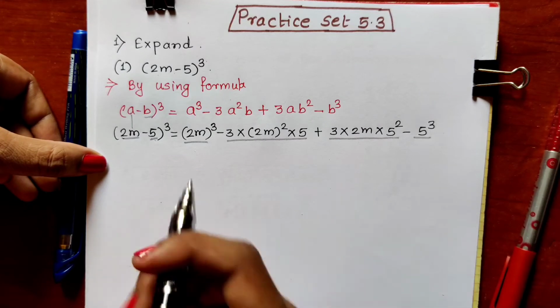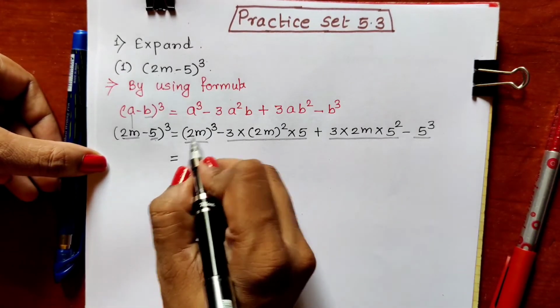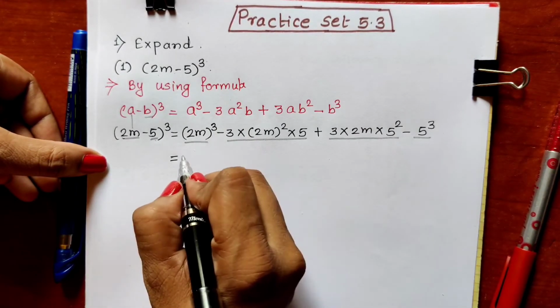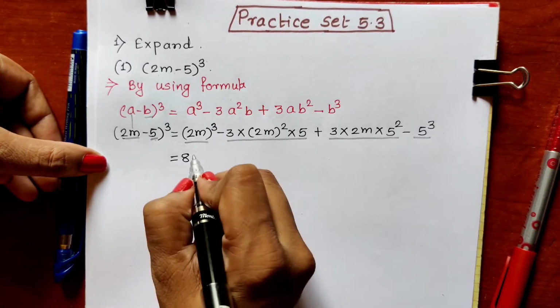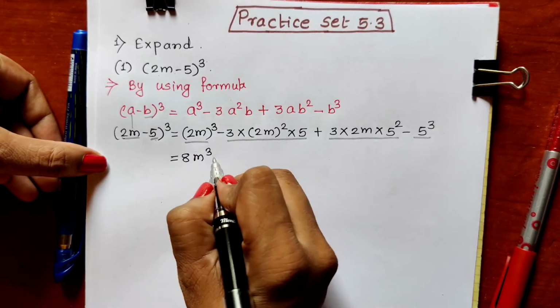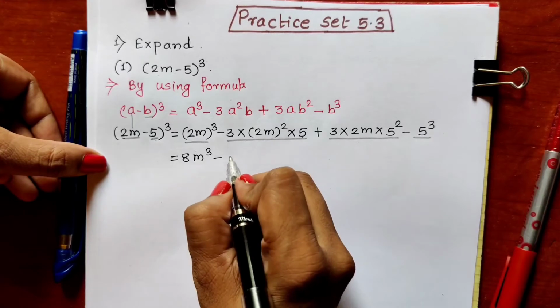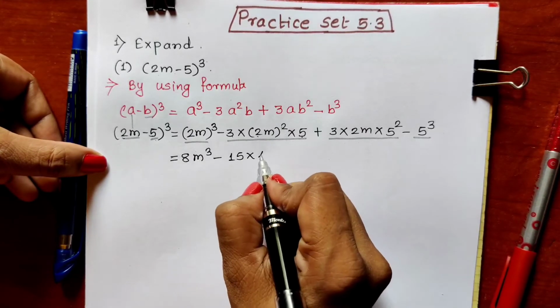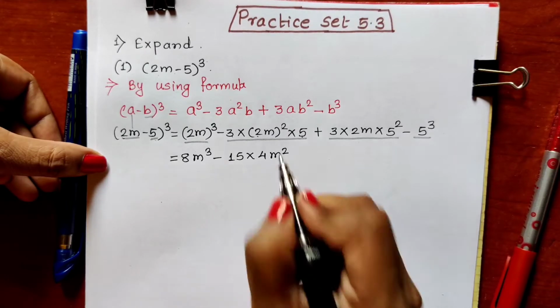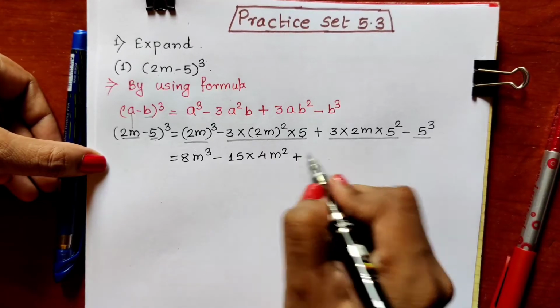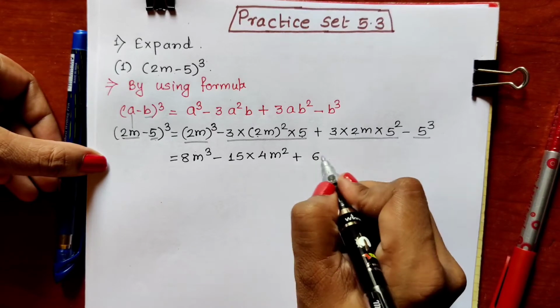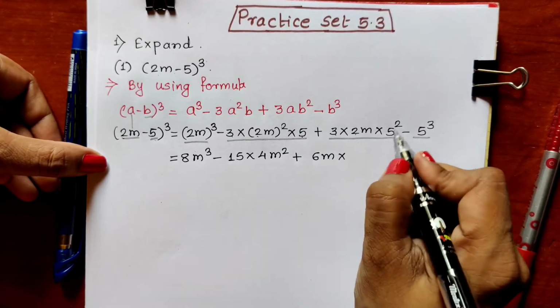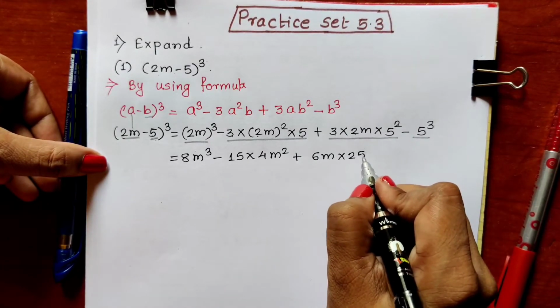Now let us solve. (2m)³: 2 cube is 8 and cube of m is m³, minus 3 fives are 15 multiplied by (2m)², 2 square is 4 and m², plus 3 twos are 6m multiplied by 5², which is 25.